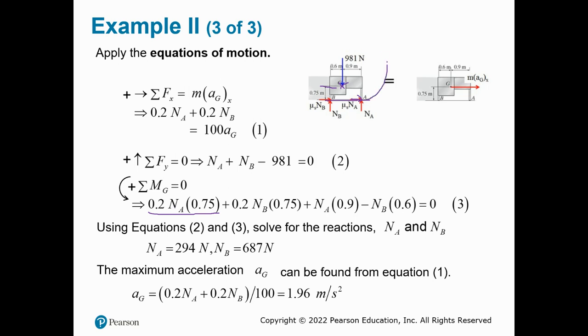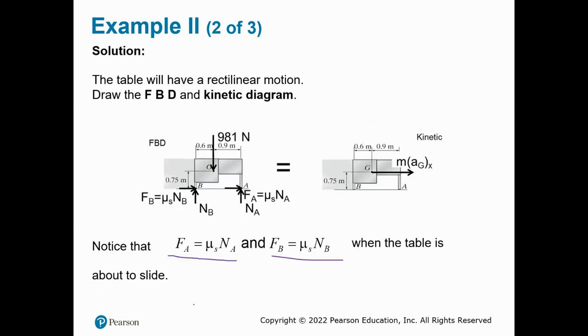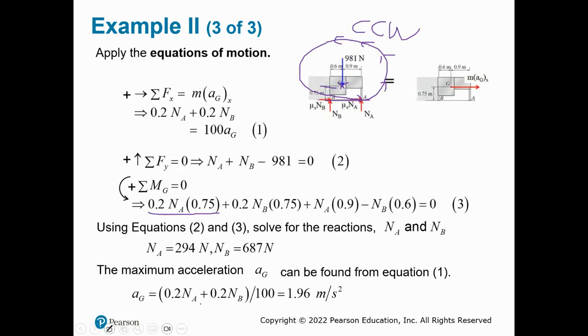If you follow the direction of that arrow, that friction is to the right. Following that arrow about point G, this is going counterclockwise. That's why the first term right here is positive. So, two equations and two unknowns. With the last one, after we figure out NA and NB, we can figure out the value of AG.